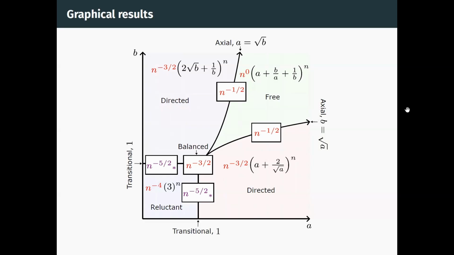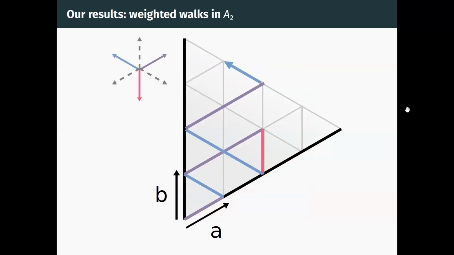How the weight starts. Then you had 3 or 6 different types of step. That's right, but I'm only tracking overall how many times I went northeast or up in the path. And so for this given path, for example, I can see that I have to go up 4 times and northeast once. And so that would be b to the 4th a for the weight of that path, regardless of what steps it takes.